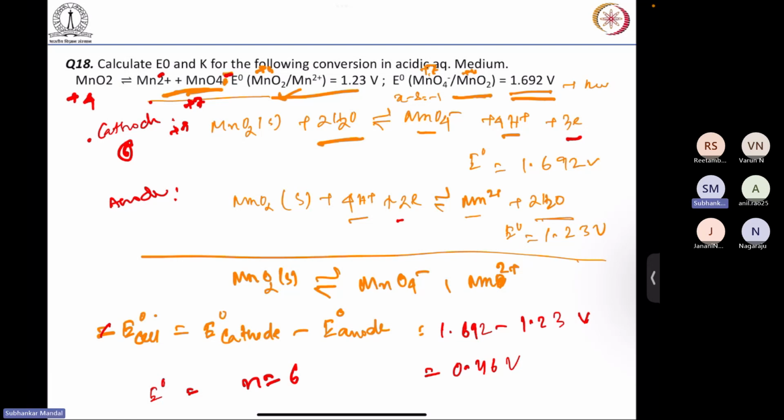So n is equal to 6, because here is plus 4 oxidation state, here manganese is plus 7, and here is plus 2. And 1 minus is there, so we have to balance the charge. So this is a 6 electron process, n is equal to 6. That means 0.059 by 6 log of equilibrium. Those things we have to do.